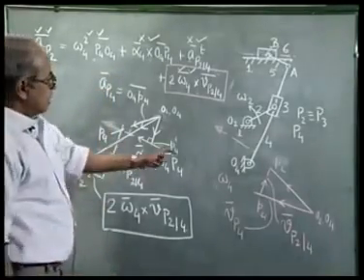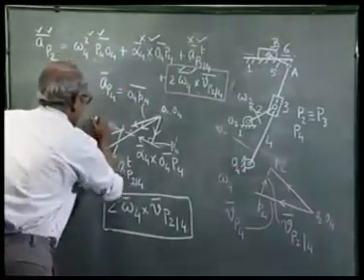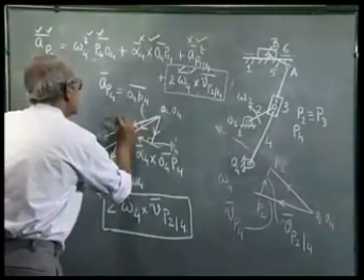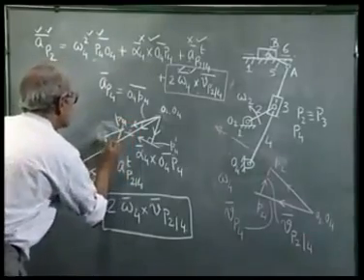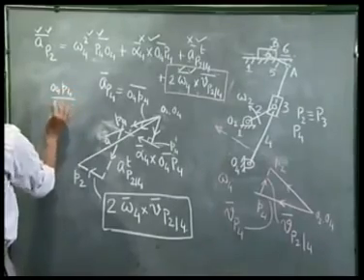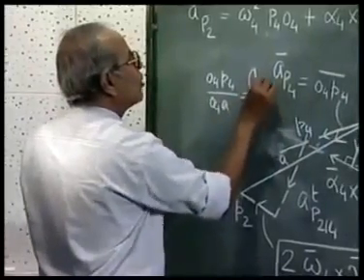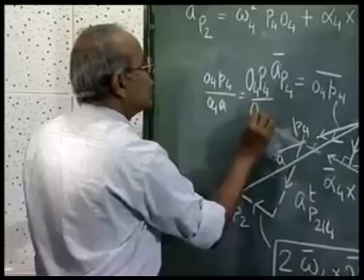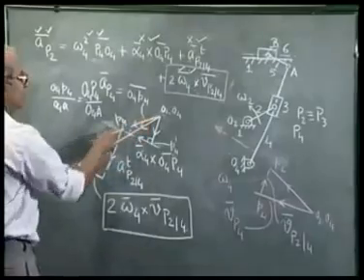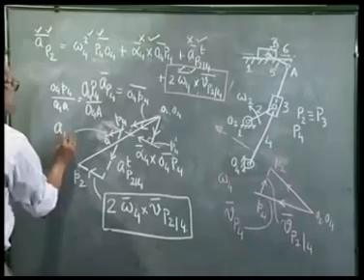Once we know P4, using the concept of image, I can easily get to the point A, as explained earlier, such that this point I write P4 and this point I write A, such that O4 P4 by O4 A is the same as O4 P4 by O4 A, and O4 P4 A lie on the same straight line. So this O4 A represents the acceleration of the point A.